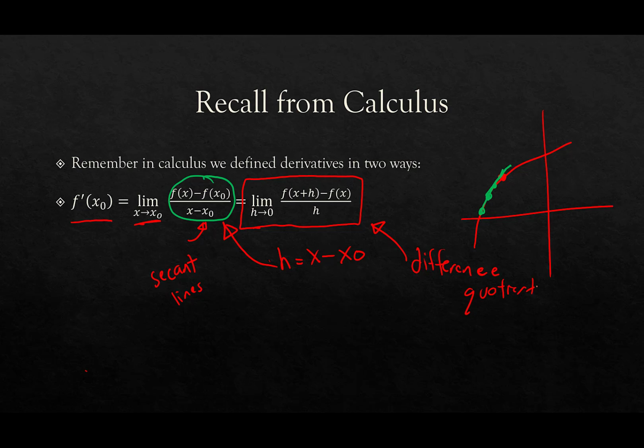Hopefully this is a quick review of our derivative definition from calculus. We either have the secant line interpretation or we have this difference quotient interpretation.